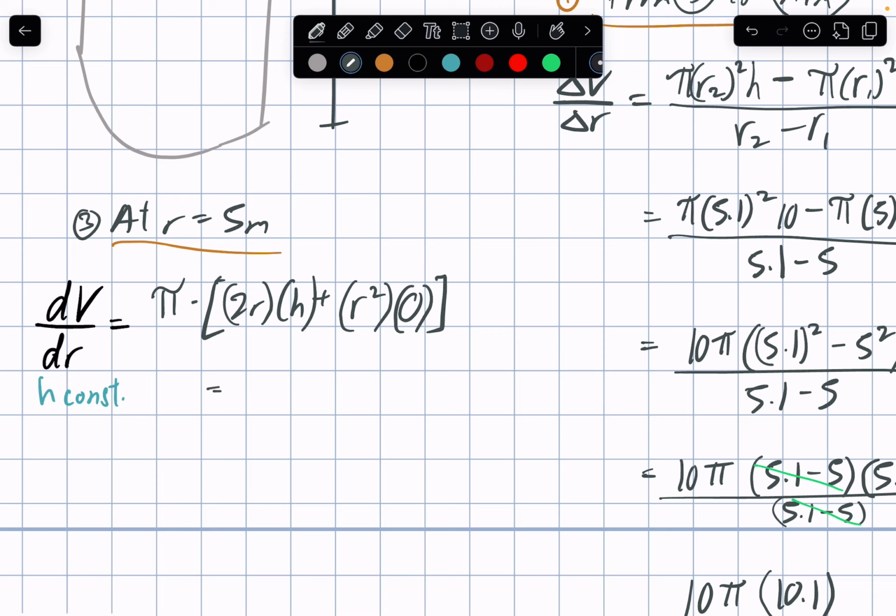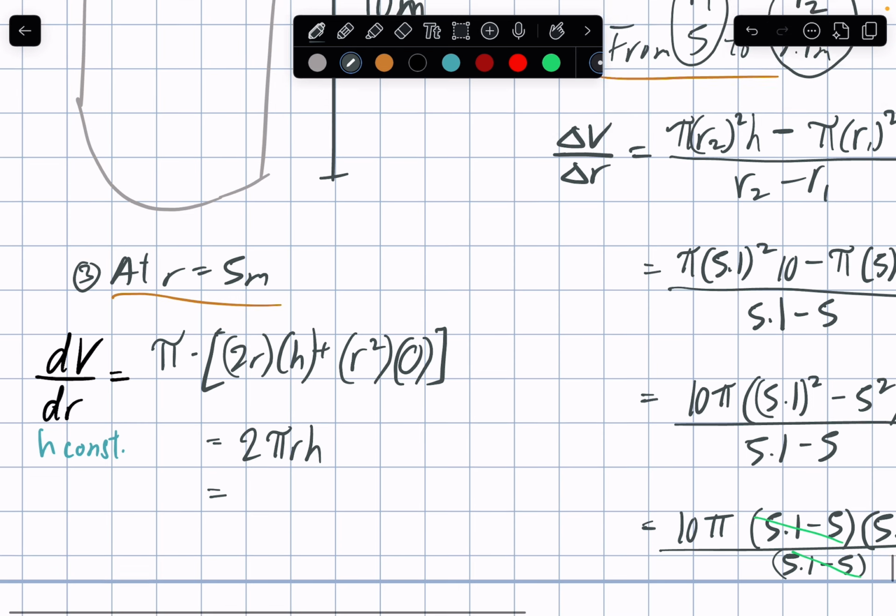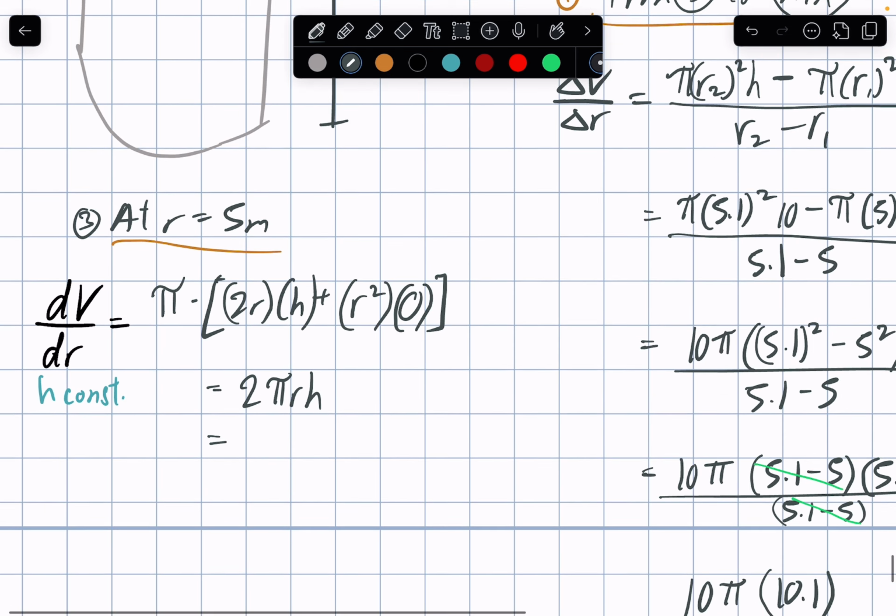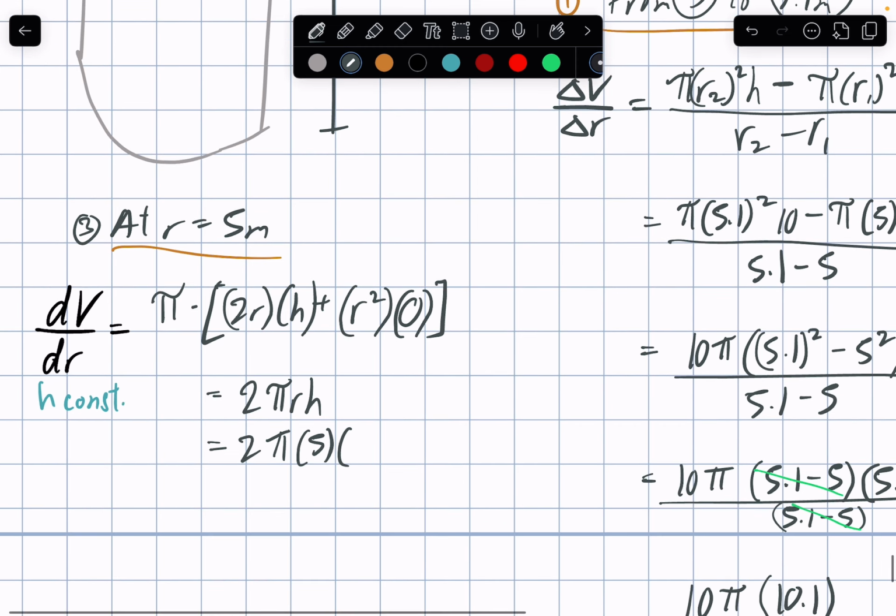So continuing, we have therefore 2 pi r h, and when we substitute r as 5, 2 pi 5, oh, don't forget the height also. The height is said to be 10, so 50, 100.